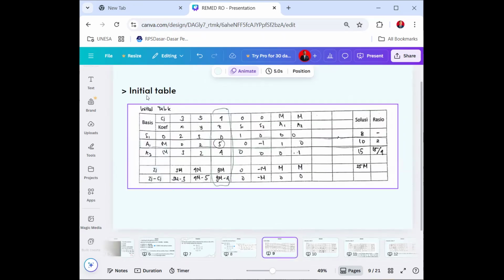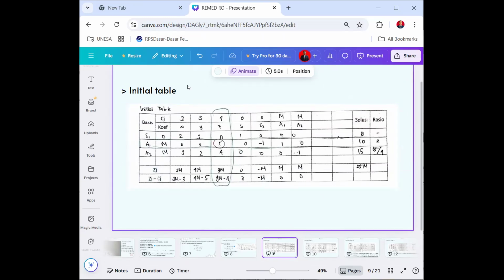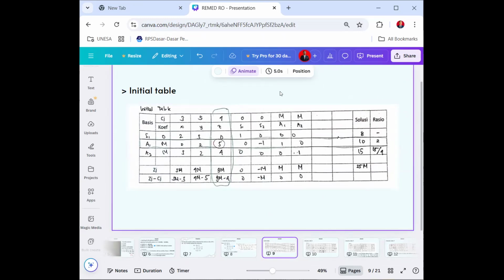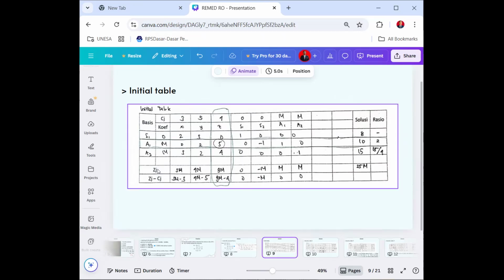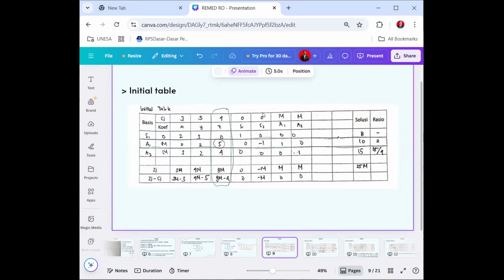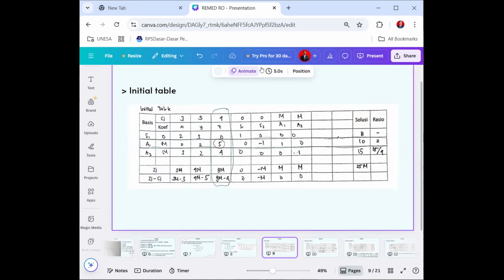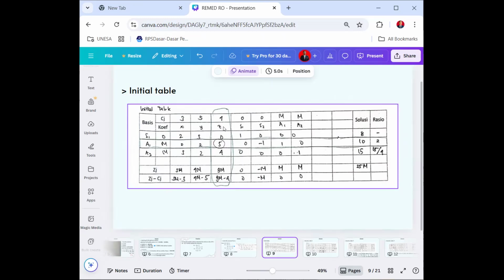So as we know, this is the initial table we can make. I'm using the table that uses Zj minus Cj, the table most often used by my friends in my class, and basically everyone in my class uses it, so I use it too, and I think it is very easy to understand. This table contains Zj, of course, the Cj also, basis, coefficient, variables, solution, and ratio.